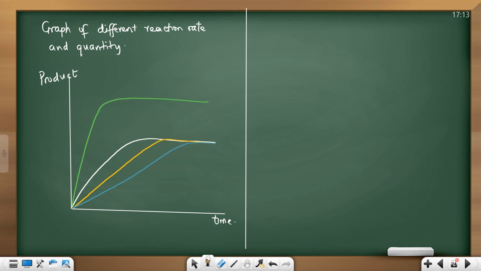Now you would notice, let's call it graph A, B, C, and D. There's something common to A, B, and C. You would notice the quantity produced is the same. In terms of quantity, A, B, C have the same quantity produced.